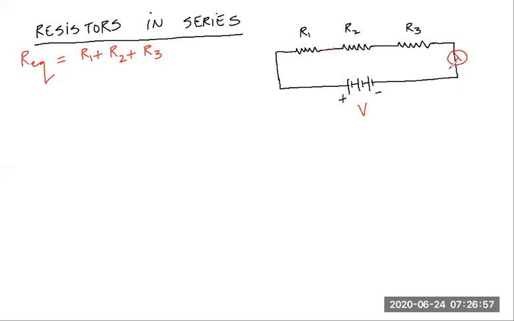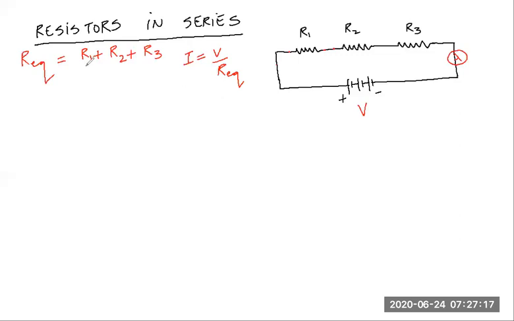Now guys, very simple. If V is the voltage, the current here would be simply I is equal to V by equivalent resistance. We know what is equivalent resistance.